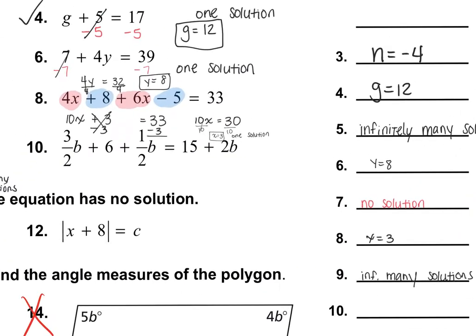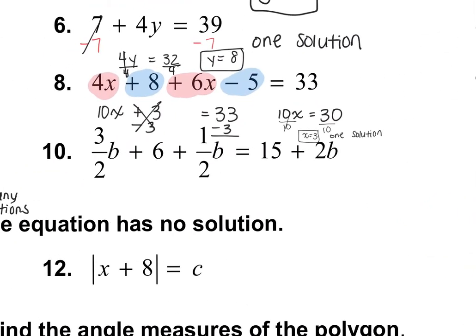Okay, number 10. 3 over 2b plus 6 plus 1/2 b equals 15 plus 2b, okay? Well, before we start moving stuff around, remember, always check, are there terms on either side of the equation that are like terms that we can combine before moving forward? And I noticed the b terms on the left side of the equation, okay?